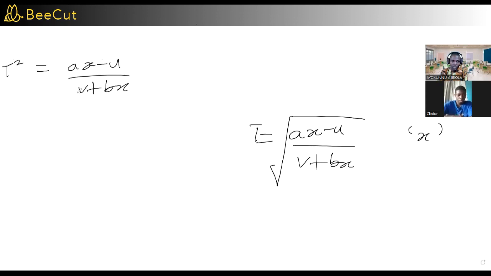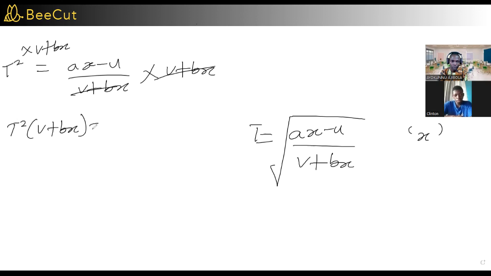So you multiply both sides by b plus bx, right? Yes, sir. Then this b plus bx cancels. So I now have t squared into b plus x equal to ax minus u. So you open this bracket.